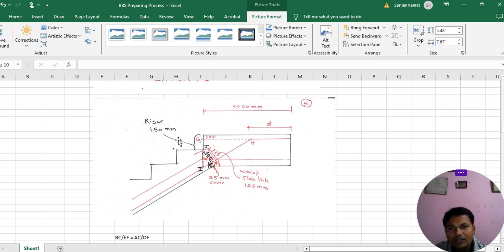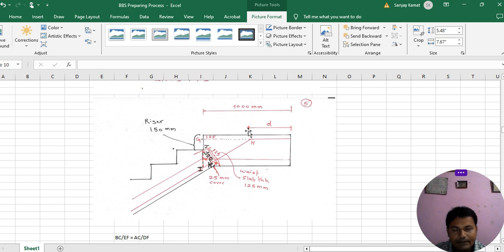Now here also the riser is how much? 150. Once we get the 150 riser, then we can calculate for the waist slab thickness. Then the waist slab thickness given is how much? 125. Now clear cover is how much? 25.